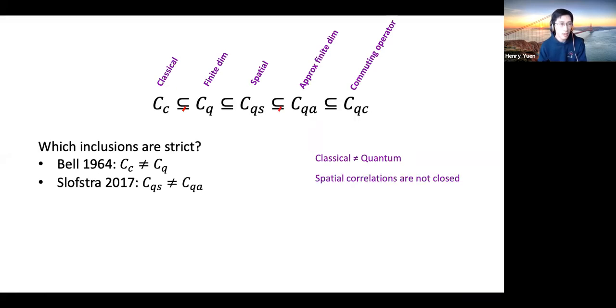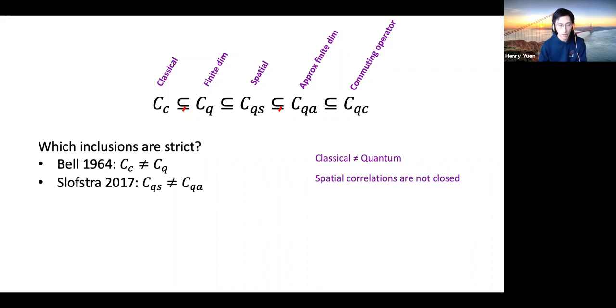And it took a few years later for Slofstra to realize the second separation, and he showed that the set of spatial correlations, CQS, is not closed.